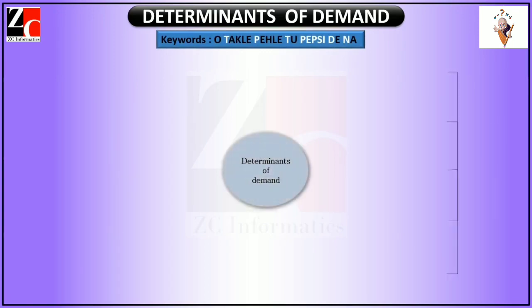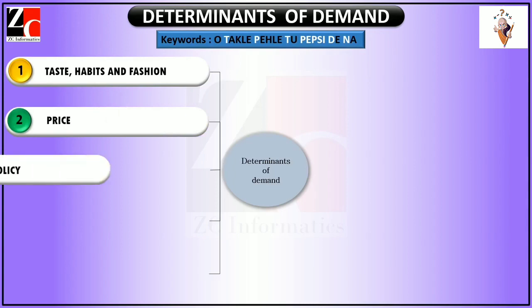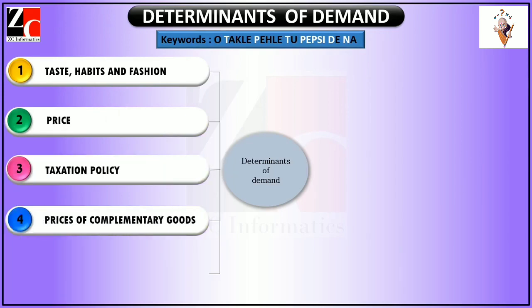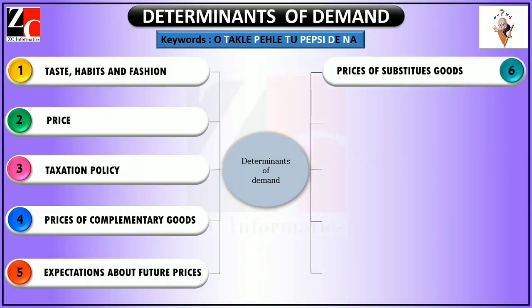Determinants of demand. Point number 1. Taste, habits and fashion. Point number 2. Price. Point number 3. Taxation policy. Point number 4. Prices of complementary goods. Point number 5. Expectation about future prices. Point number 6. Prices of substitute goods.